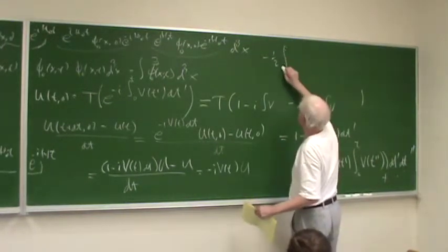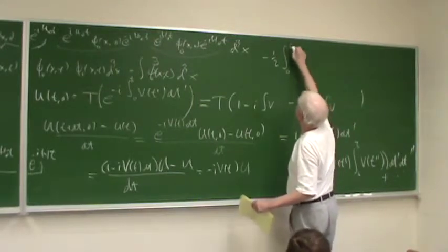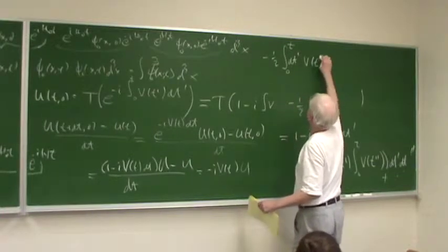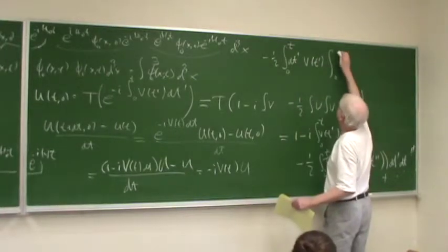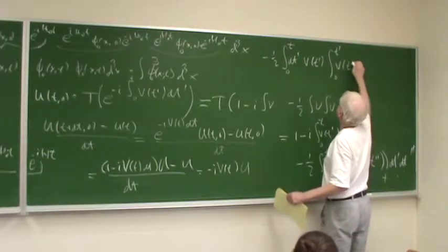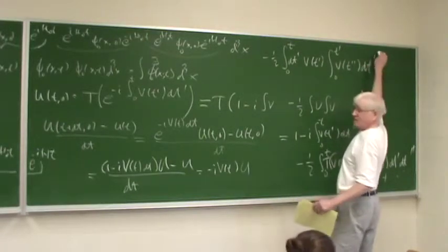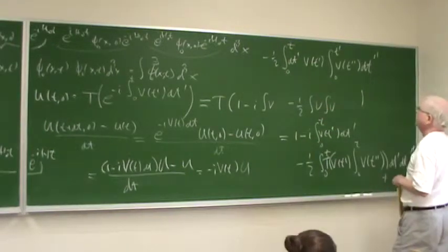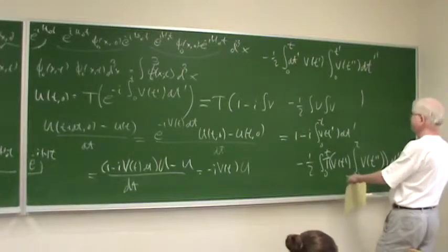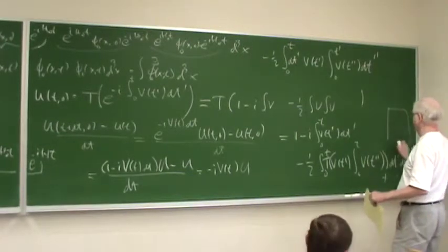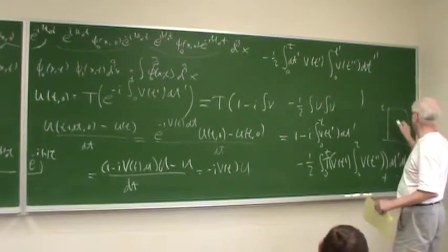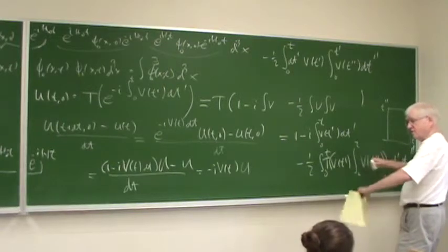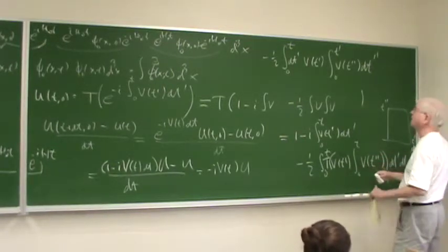Let us integrate 0 to t dt' V(t'), and now integrate 0 to t' V(t'') dt''. Now, I need to correct that factor, because here we had a square. If this is t and that's t' and that's t'', here we did the whole square, but we time ordered the V's.